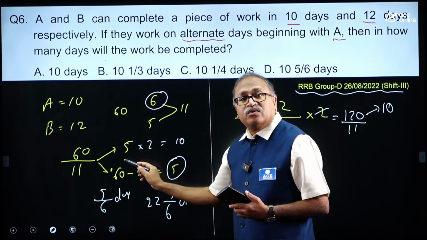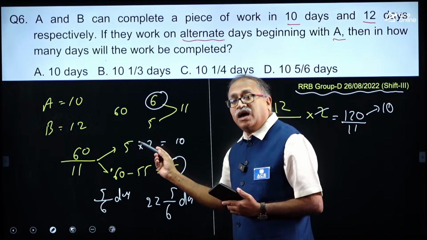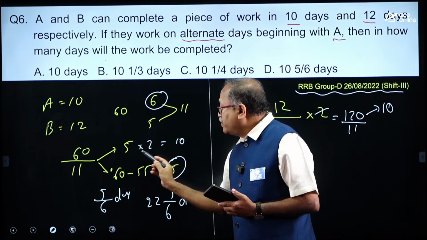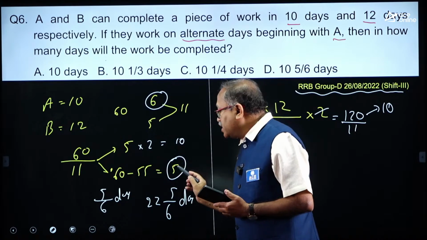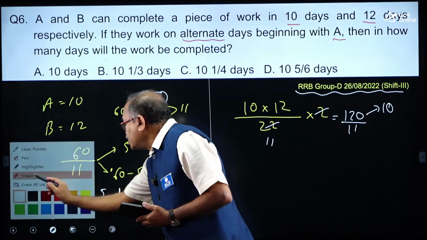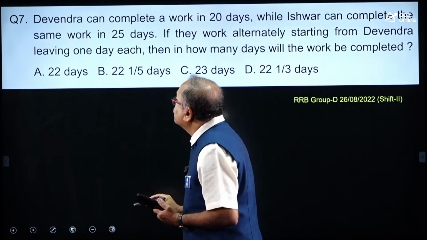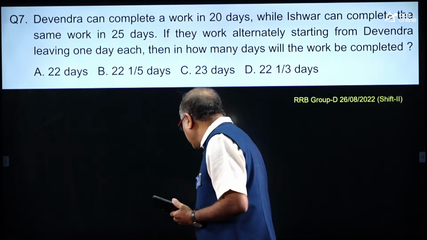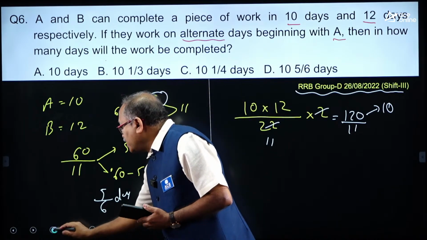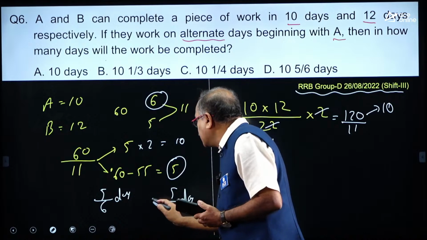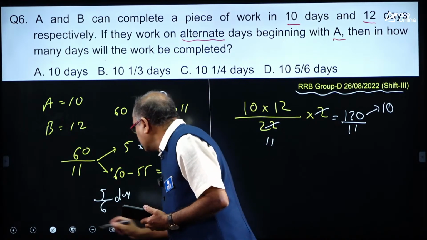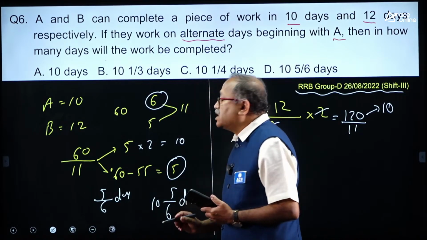It is 5 days, but as this is 2 days of work, therefore 5 into 2 is 10, and then comes 5 by 11. So this should be the approach, and that is how all my competitors will follow. That is where we are trying to change this. So this is 10 5 by 11, that is 10 5 by 11 is the answer.